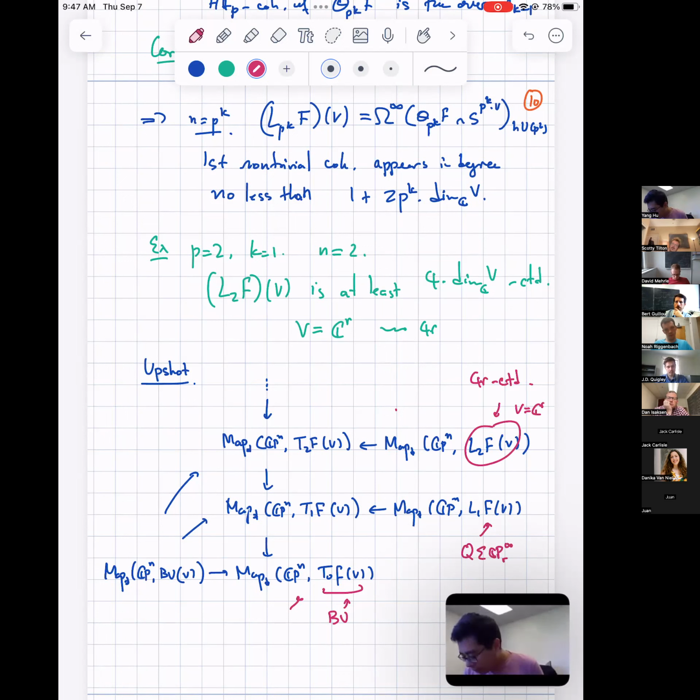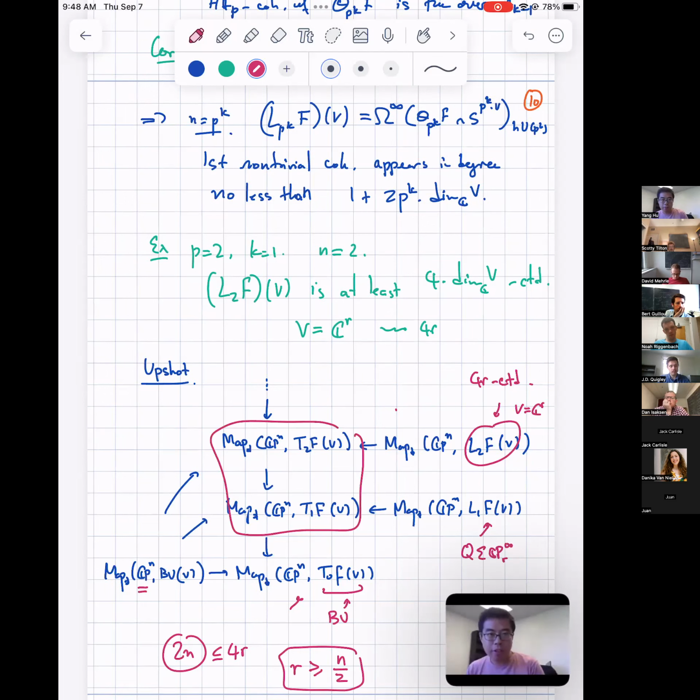So that means if the dimension of CP^n we map in, which is 2n, is no greater than 4R, in other words, if R is greater than or equal to half of n, then all these maps are going to be π_0 isomorphisms, because now the maps from CP^n to L_2 f of C^R are going to vanish. So this is a π_0 isomorphism, this is a π_0 isomorphism, and so on.